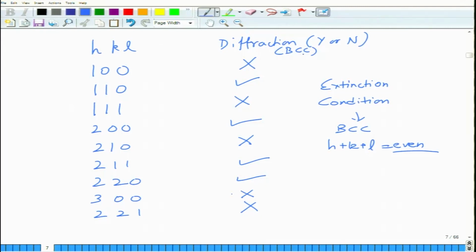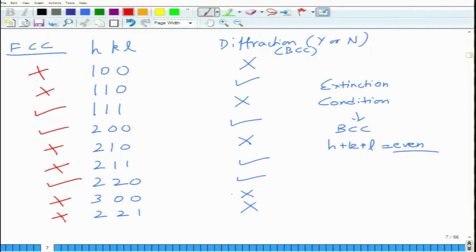If I do the same for FCC, then you can see that this is mixed, 0 is considered as even. So this will not diffract, this will not diffract, this will diffract, this will diffract, this will not diffract, this will not diffract, this will diffract, this will not diffract, this will not.